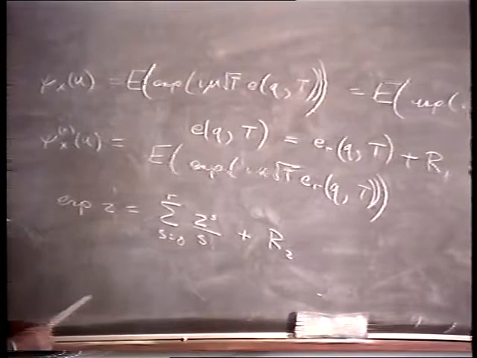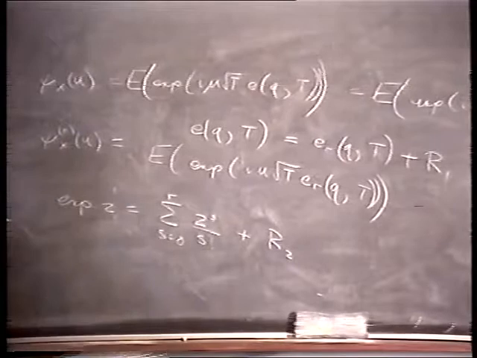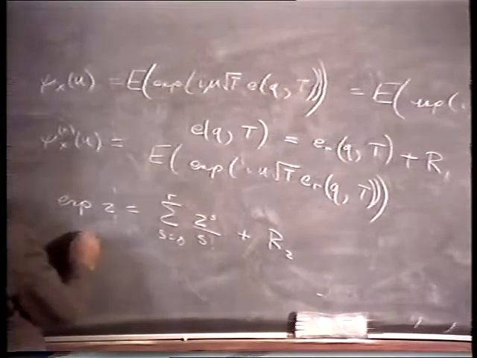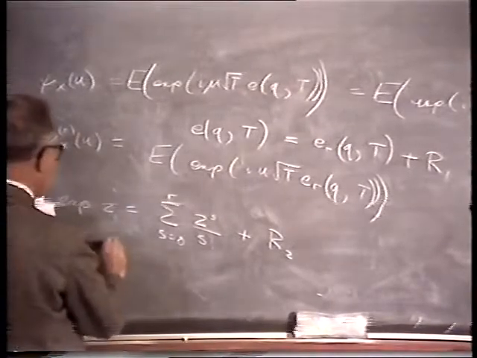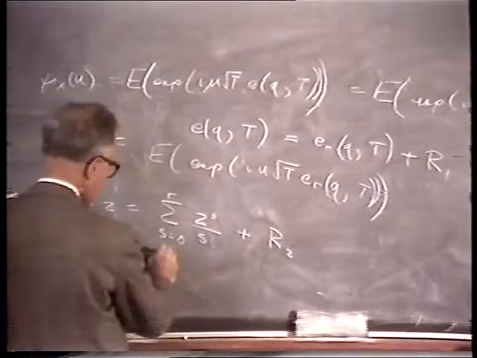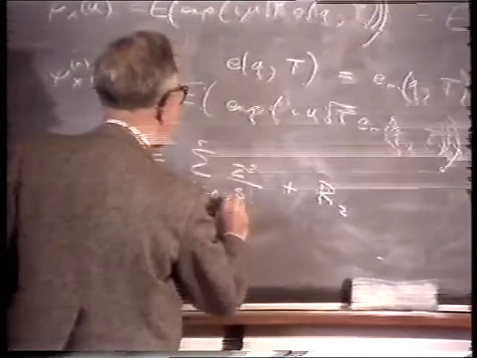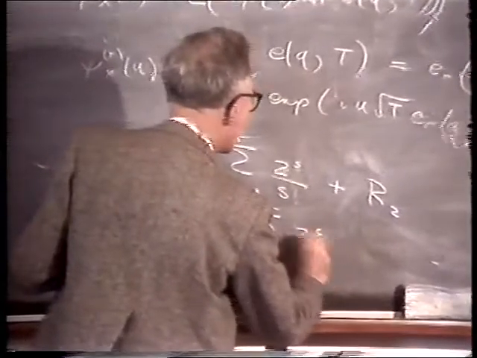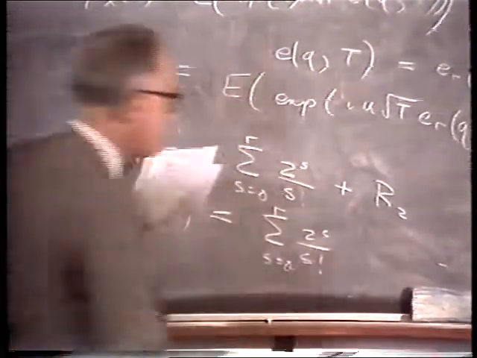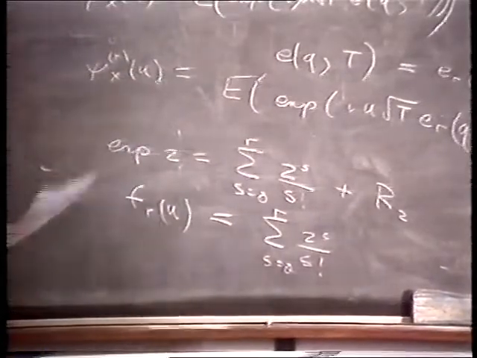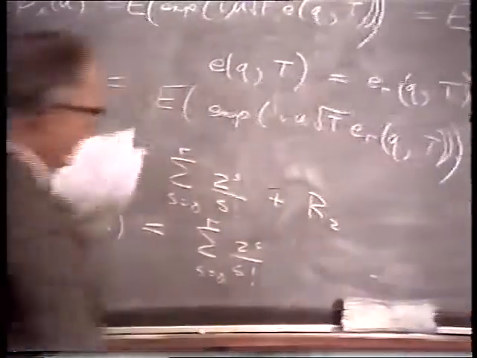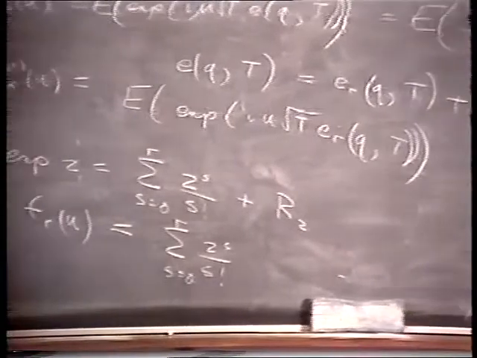And at this stage, I'm simply going to write f_r(u) equals the sum from s equals 0 to r of z^s over factorial s, where the z is, as I said before, what we have in this formula here.